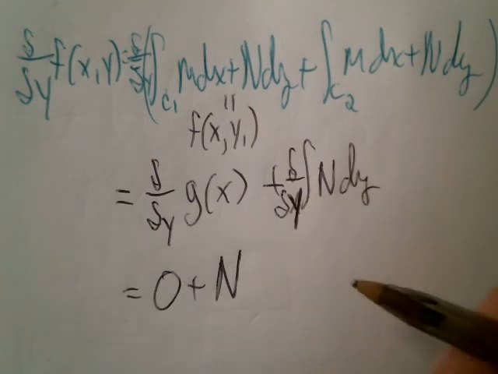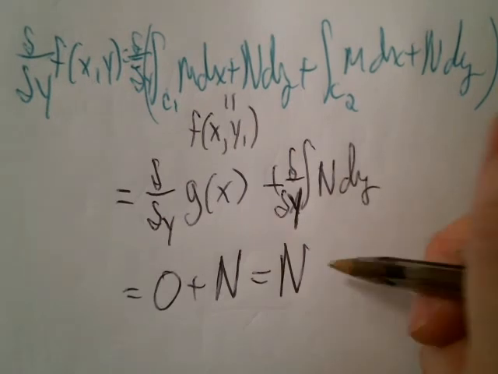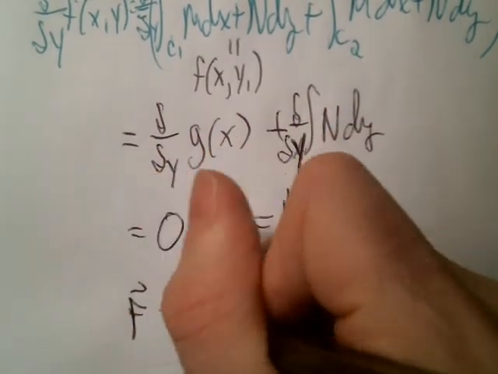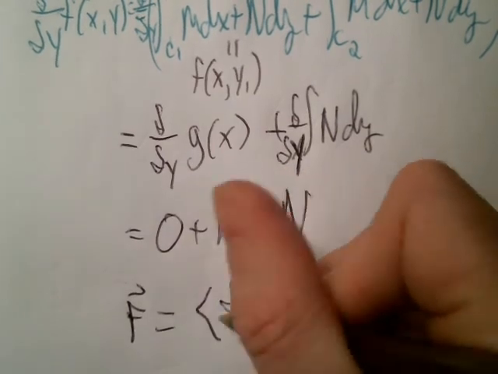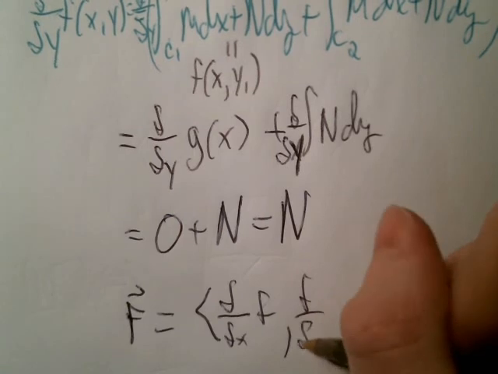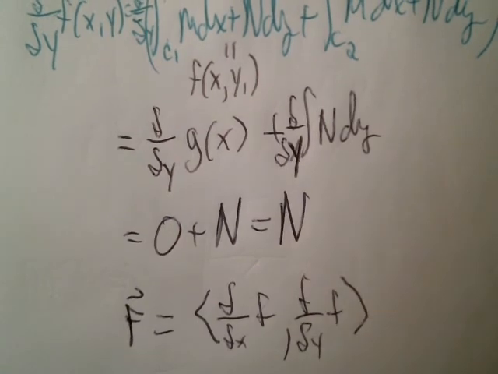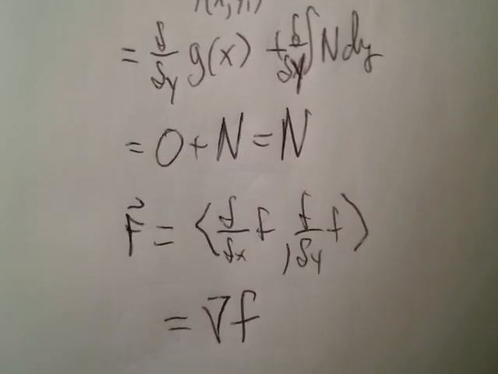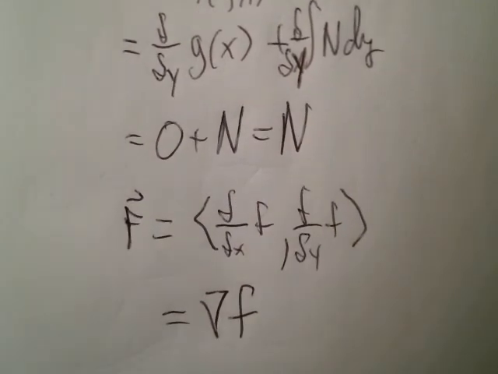So that would just be plus n, which equals n, which shows that the vector field is equal to the partial derivative with respect to x of this f function, comma, the partial derivative with respect to y of this f function, which is equal to the gradient of this f. So that means that thing is the potential function.